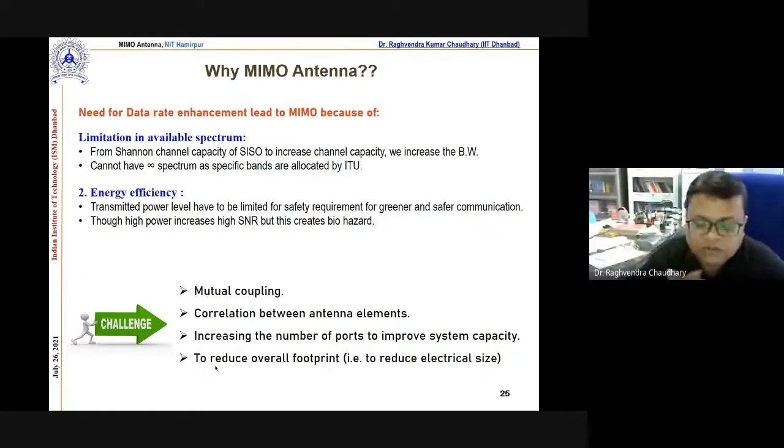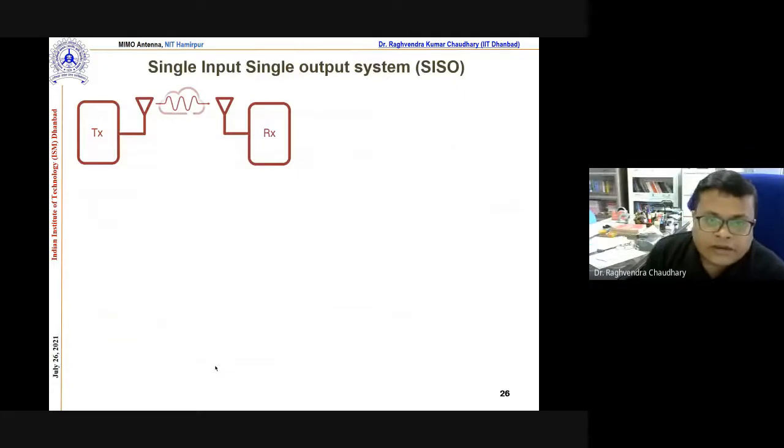As I already gave much idea about how we can reduce the electrical size of antennas. Let us understand one by one with the advantages and disadvantages.